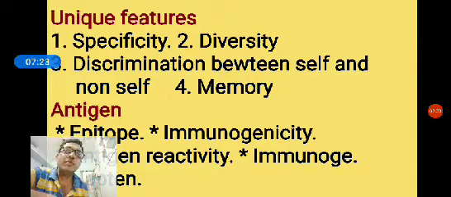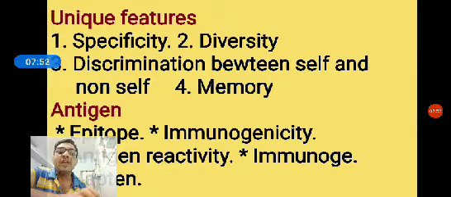Then the fourth one, memory. After responding to the foreign microbes, the immune system retains the memory of that encounter. When the second encounter with the same molecule occurs, the secondary immune response will take place.